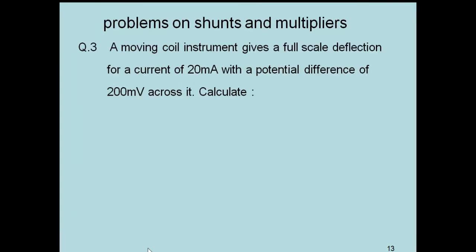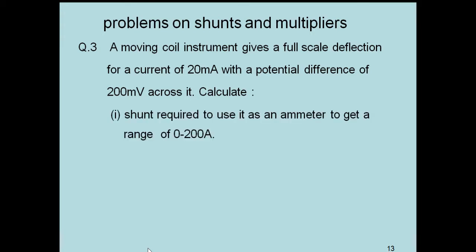Next problem, a moving coil instrument gives a full scale deflection of current 20 milliamperes with a potential difference of 200 millivolts across it. Calculate the shunt required to use it as an ammeter to get a range of 0 to 200 amperes.